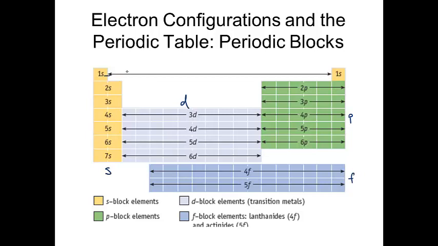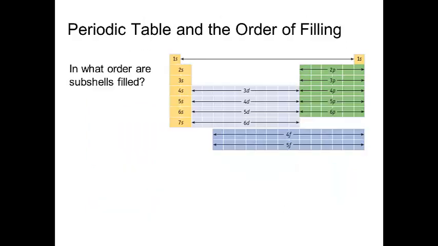Notice that the first two elements use the s block via the 1s orbital, then we have the 2s, 3s, 4s, 5s, then the 2p, 3p, 4p, then we have 3d, 4d, 5d, 6d. Notice that the 3d orbitals fill after the 4s orbitals, and that follows that order of filling we had before. And the 4f orbitals are actually filling from about here, and the 5f orbitals are filling from right about there.